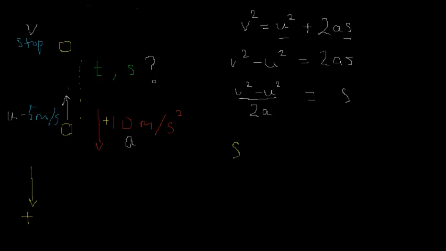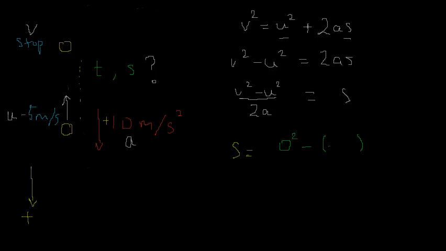Right. S is equal to, now V squared minus U squared, right? So V squared is 0, 0 squared. U squared is here. U is minus 5. So 0 squared minus, and let me put a bracket there. It's usually safer when I have a minus sign, so that I don't get mixed up with the sign outside.